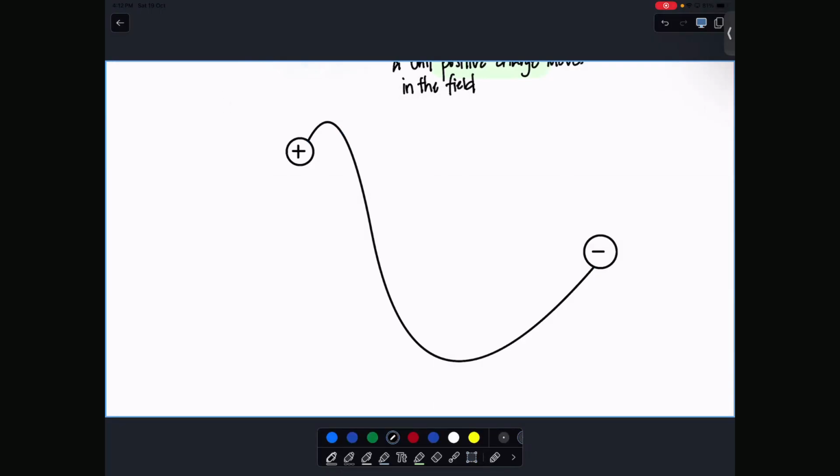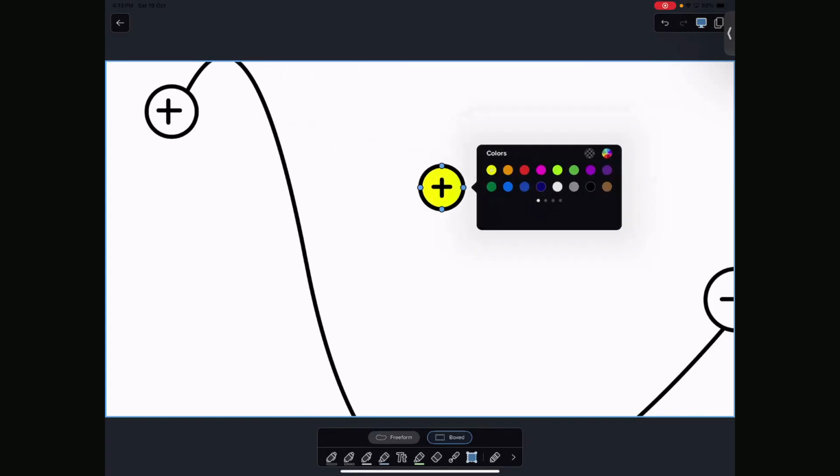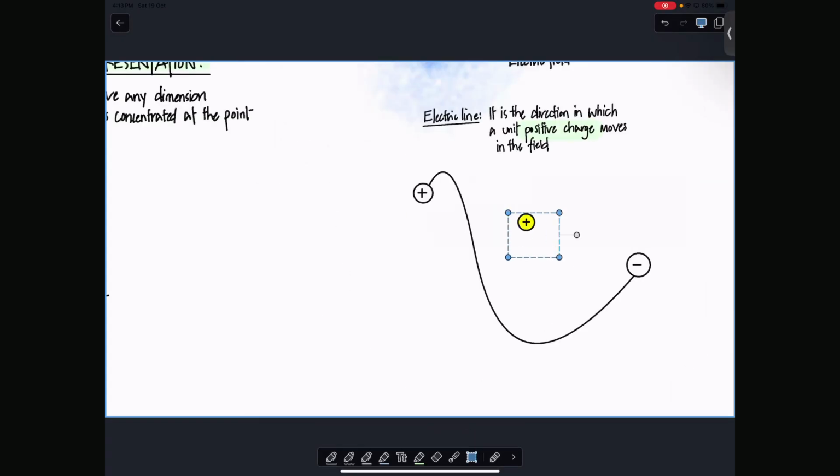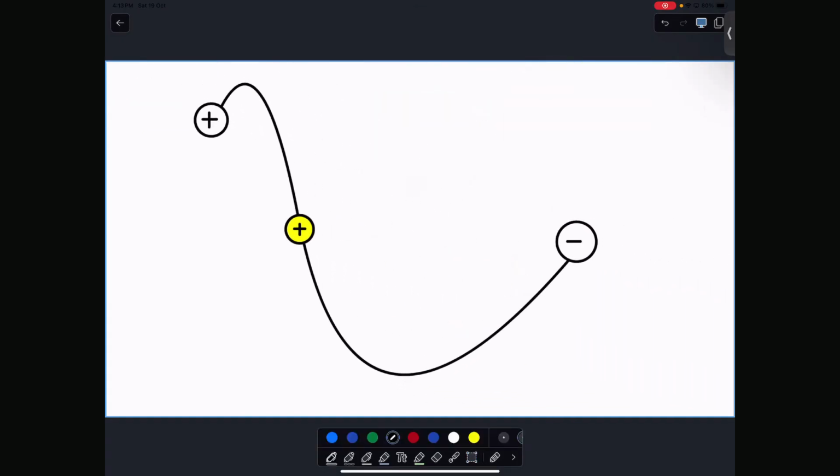What I'm going to do right now is place a charge here. It's going to be a positive charge. And positive, positive repel each other. And positive, negative attracts. That you should know from, like, shorthand. So if I take my positive charge and place it here, near the positive charge, you need to tell me which way is the positive charge going to experience force right now. It's an MCQ.